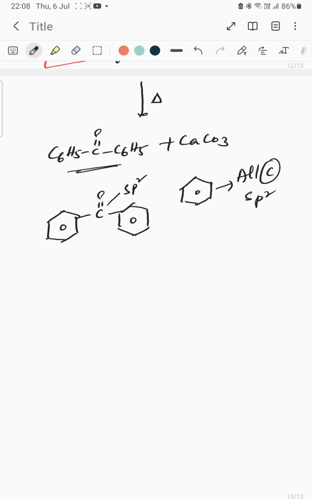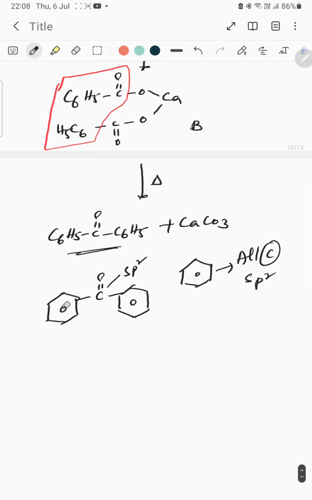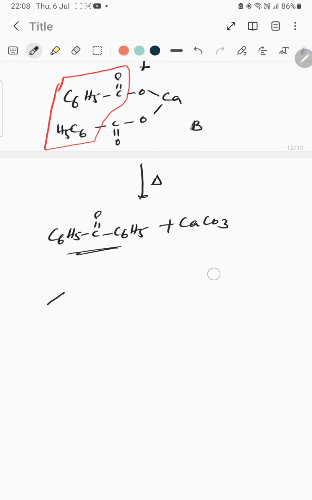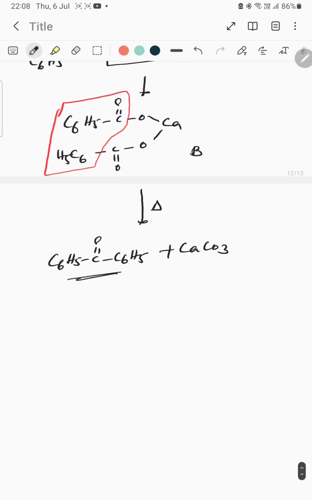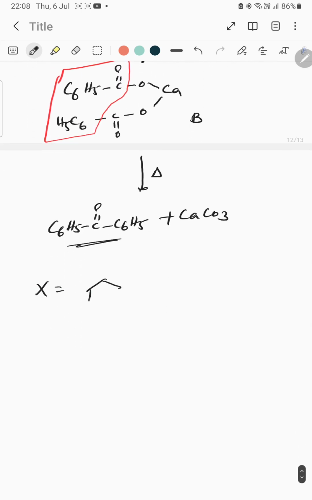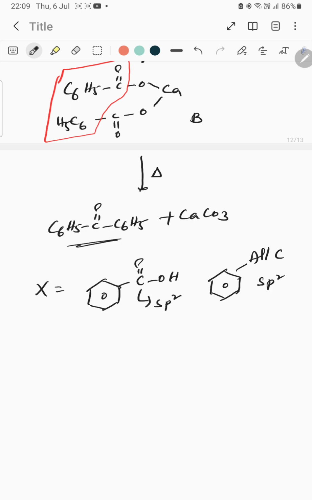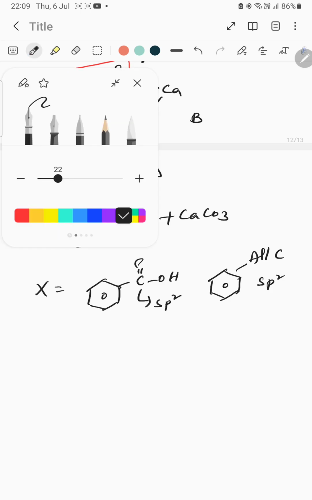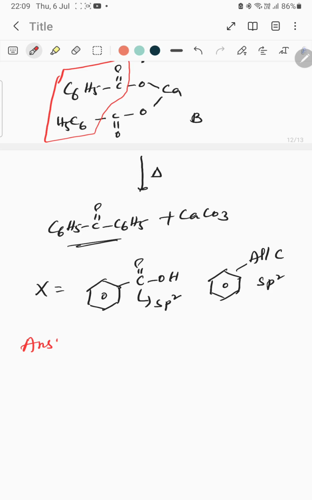But he is not asking about the final product. He is asking about X. What is X? X is benzoic acid. He is asking how many sp2. In the benzene ring, all carbons are sp2, and this carbon having the double bond is sp2. So 6 from benzene, 1 from CO, total 7 carbons having sp2 hybridization.